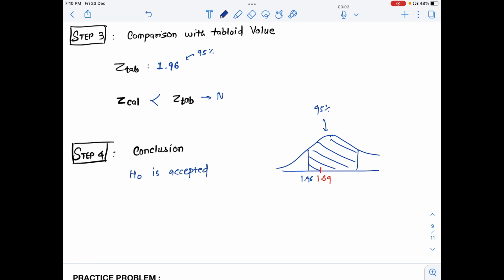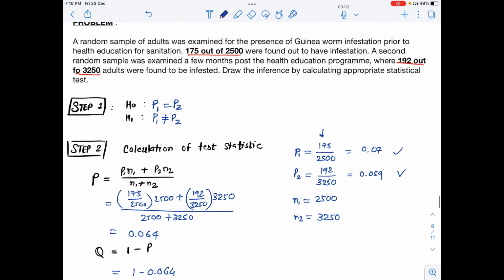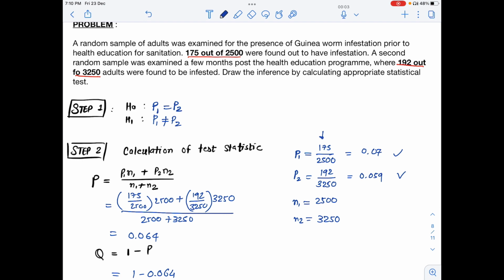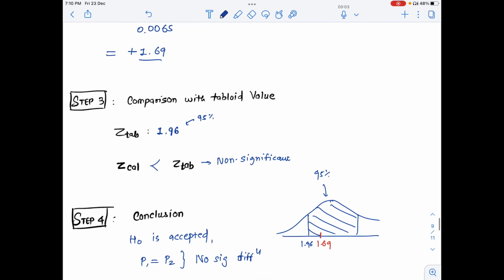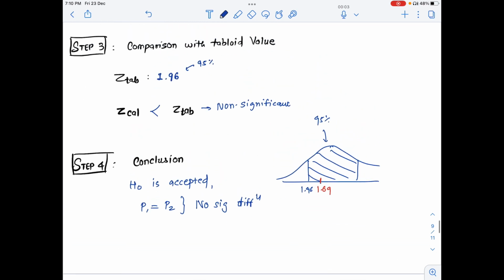So it is non-significant, and H0 will be accepted, which means that P1 is equal to P2, or there isn't any significant difference between the people who had infestation before or after the health education program. So this way we can calculate significance of difference between two proportions.